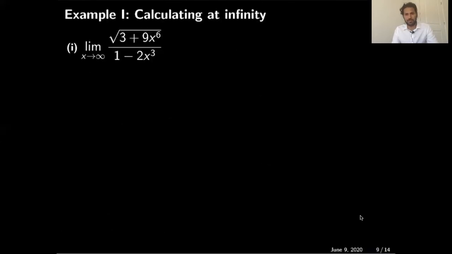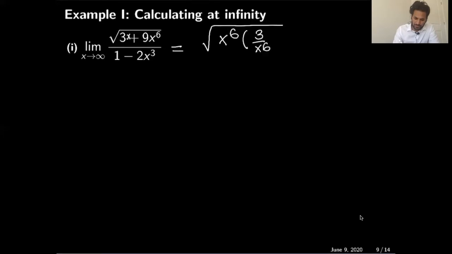Here I have one more example. When you have a square root of a function in the top, we will calculate the limit by pulling out the highest degree term inside the square root, and then simplify. The first thing we will do is pull out x to the power 6 inside the square root, which gives 3 over x to the power 6 plus 9, because to pull out x to the power 6, I multiply and divide by x to the power 6.